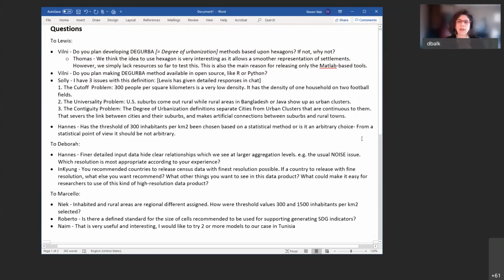But in answering the second question, the minimum fine resolution data that every country should be able to supply is population by age, sex, and whatever urban definition the country itself uses. Usually all countries have some urban definition. Those criteria differ vastly by country, as we know, but every small areal unit pretty much has some designation. So that designation, along with the population by age and sex, would be the minimum, and there would be no privacy concerns associated with that.